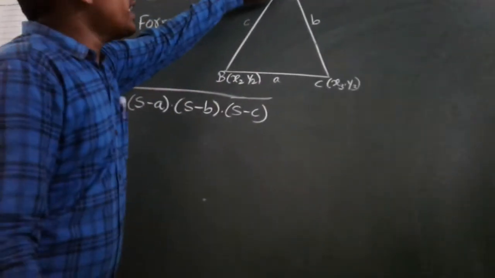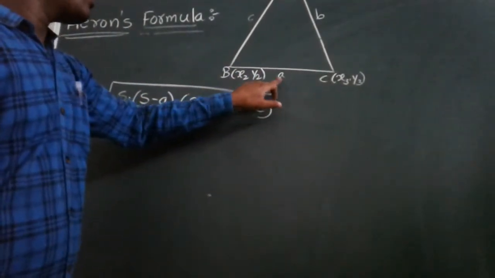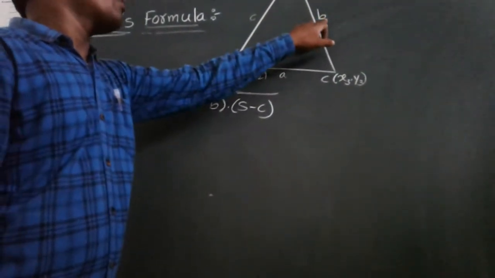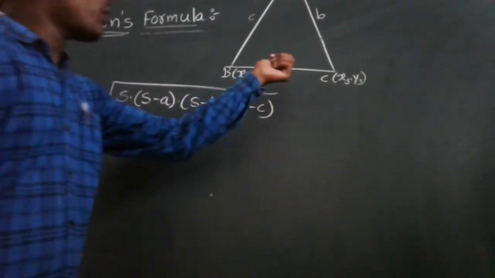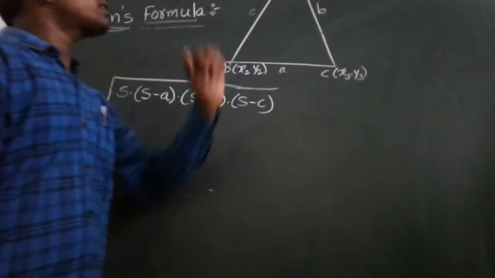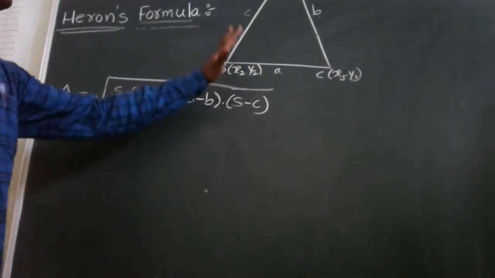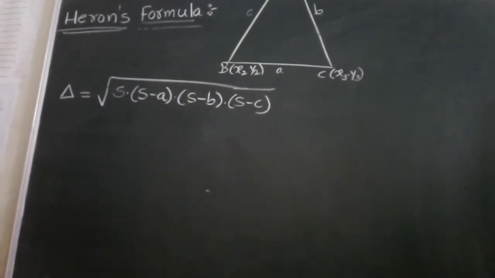The vertex A opposite side is small a, vertex B opposite side is small b, and vertex C opposite side is small c. So here small a, b, c letters are representing the sides of a triangle. Okay.